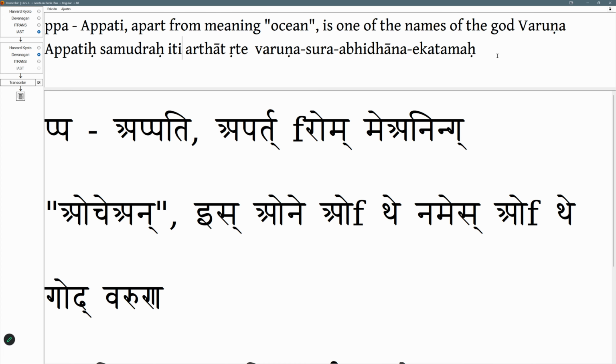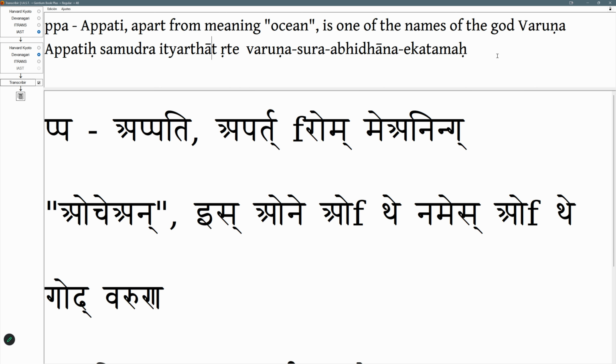Okay, now I have to polish with sandhi rules. So, visarga in front of sa, no change. Samudra, visarga in front of a vowel, the visarga is dropped. Ah in front of a, transforming into o, agglutinate the words like this.